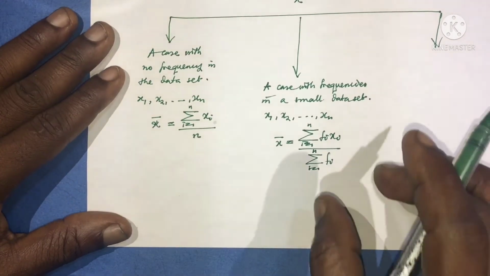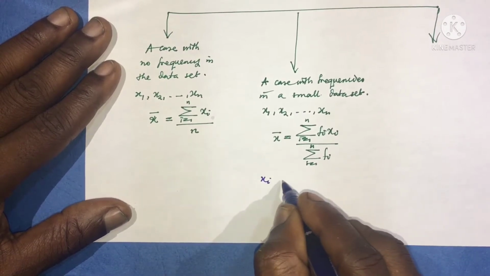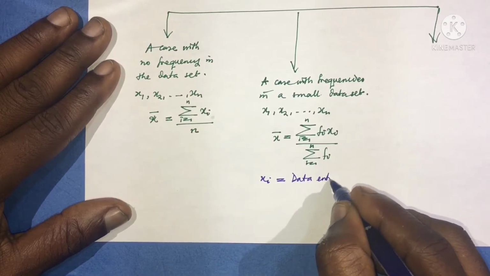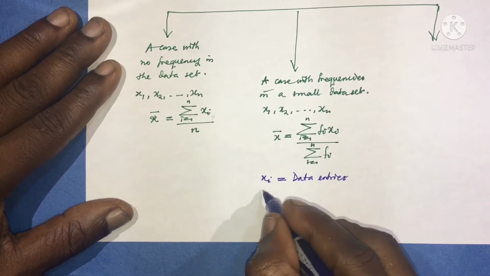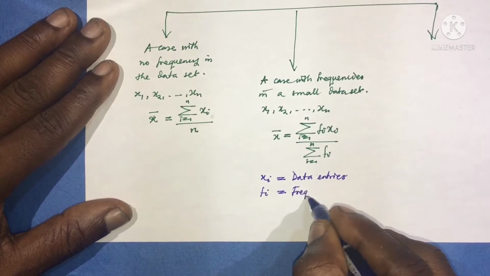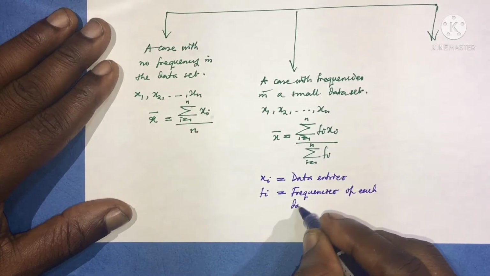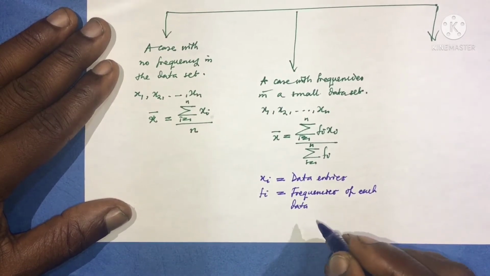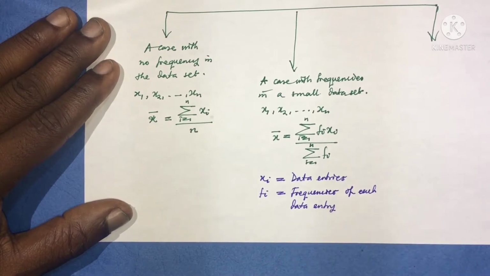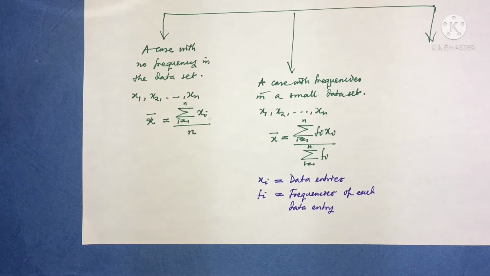In this definition, our xi refers to the data entries themselves, and our fi represents the frequencies of each data entry, meaning the number of times each data entry reoccurred. So that was our case 2 for the normal method.